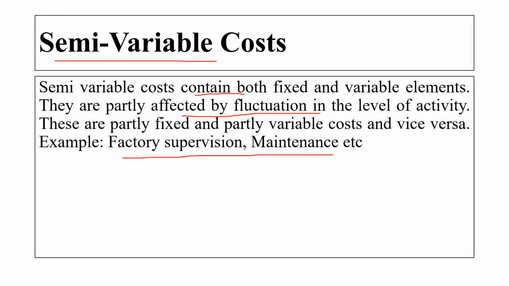So when we are talking about a semi-variable cost, we are talking about the fixed and variable element both together. It is partly affected by the fluctuation in the level of the activity. Okay, and the semi-variable cost is partly a fixed and partly variable cost. So this we have to remember here.